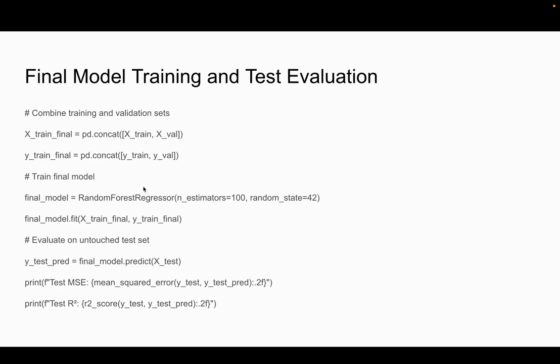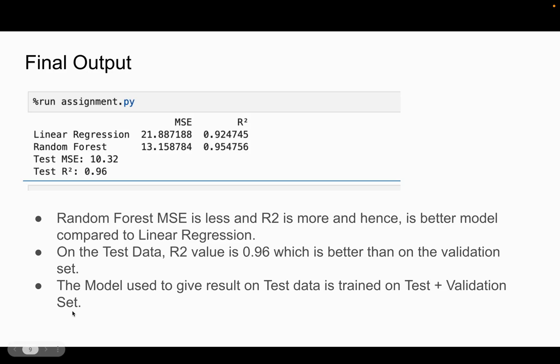Once that is done, I'm calculating the output metrics, which are the mean square error again and the R-square values. And here are my mean square error results. On the first iteration, I found that random forest is giving a 0.95 R-square, which is higher than 0.92 in linear regression, and mean square error is also lesser on random forest, and hence the algorithm that wins is random forest.